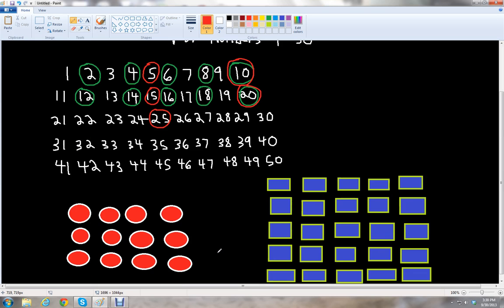We have a group of objects, and let's look at these red balls below, and we're going to count those by twos.